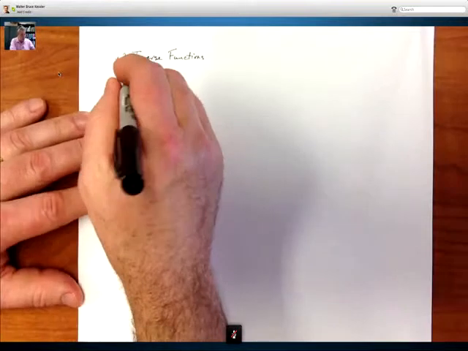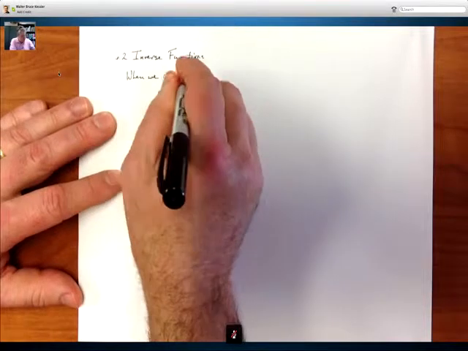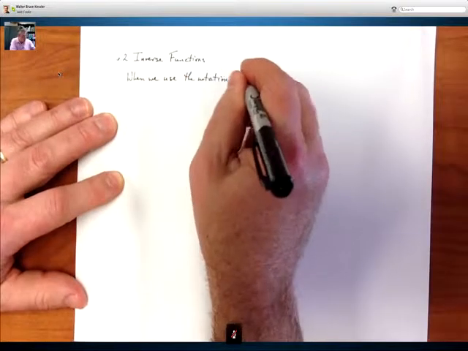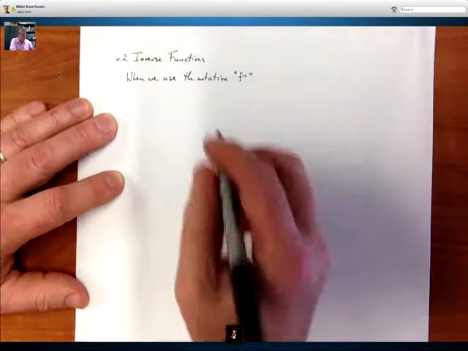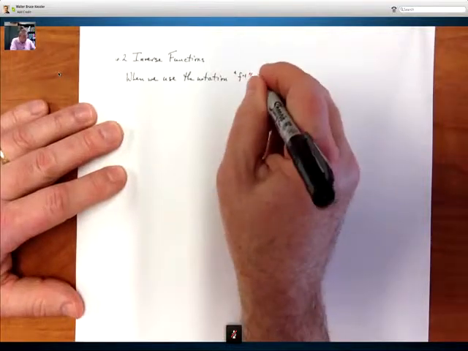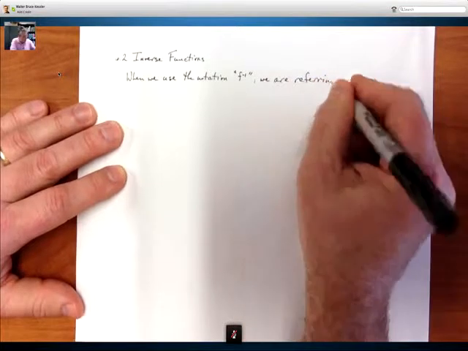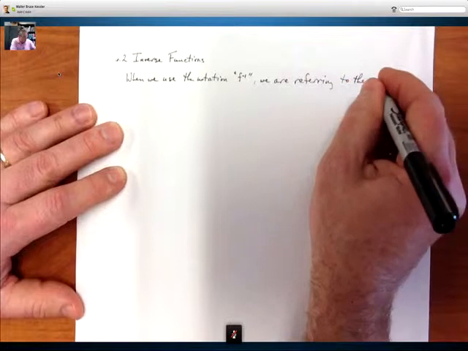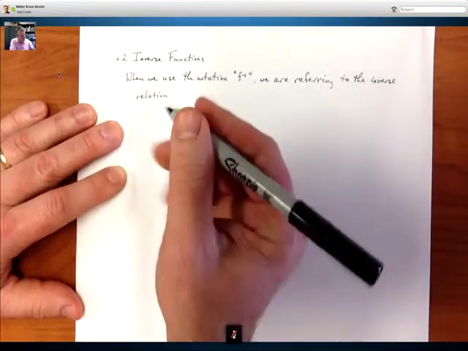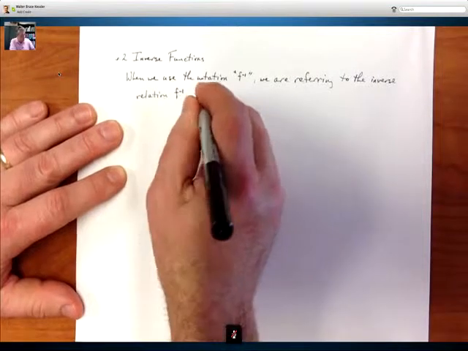Okay, so let me be real careful about this. When we use the notation f to the negative 1, which is horrible notation, by the way, it's not 1 over f, we are referring to the inverse relation, f inverse.